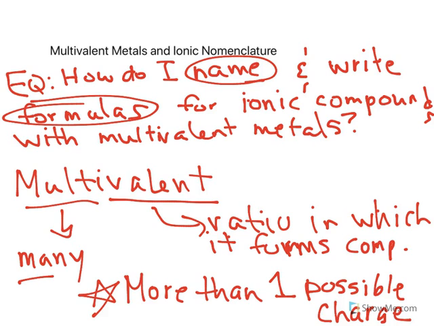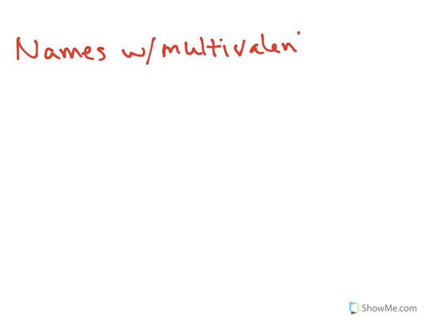So, how are we going to do this crisscross nonsense if there's more than one charge? Where are we going to get the charge from? We're going to tell you the charge. So, let's talk names with multivalent metals.